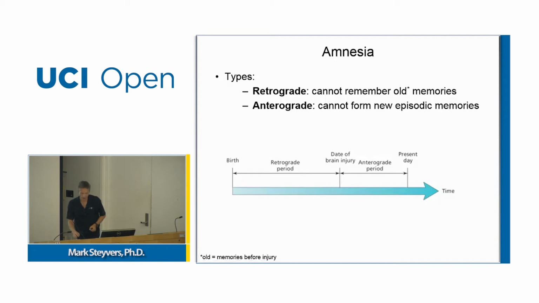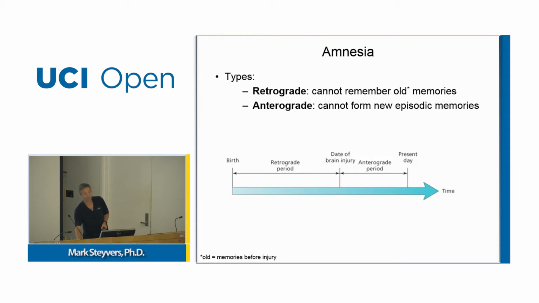So there might be some moment where there's some brain injury, some accident that has affected your memories. If you have trouble remembering events that happened before your injury or your accident, you might have retrograde amnesia. If you have trouble forming new memories after the brain injury, then that counts as anterograde amnesia.